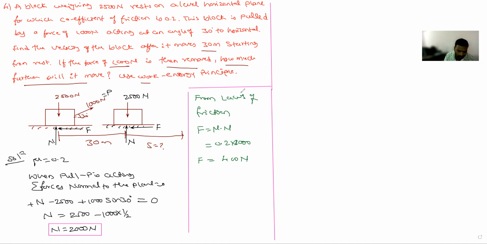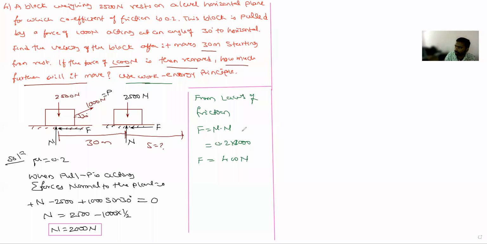Now which equation will you apply? The initial velocity is given. He is telling us to apply the work energy equation. So in order to apply the work energy equation, we need the total resultant force in the direction of displacement. How is the displacement occurring? Motion is occurring in the horizontal direction.